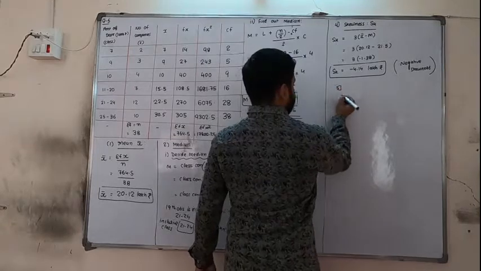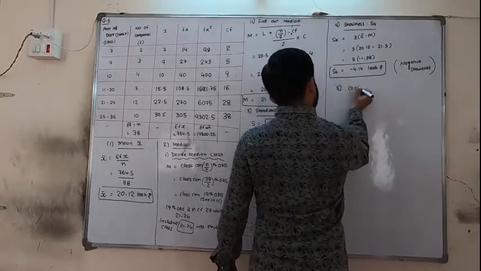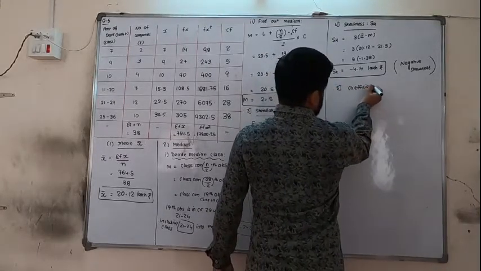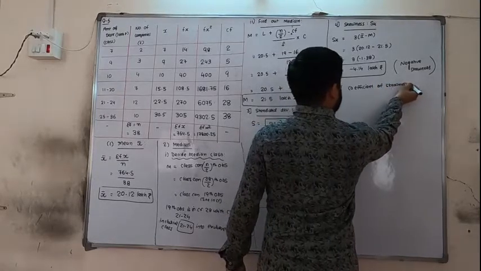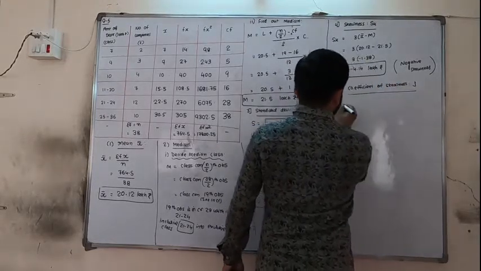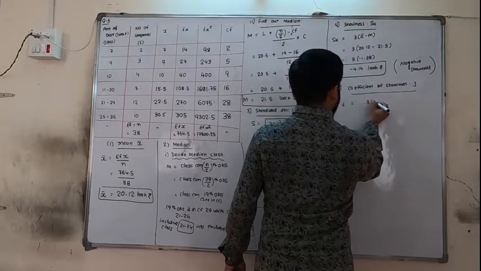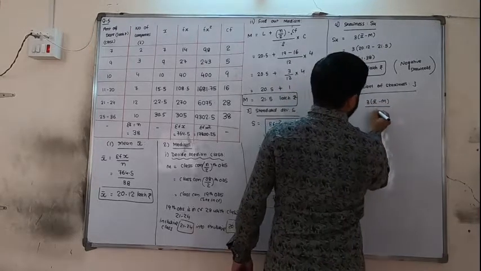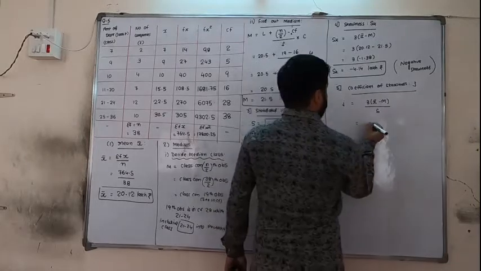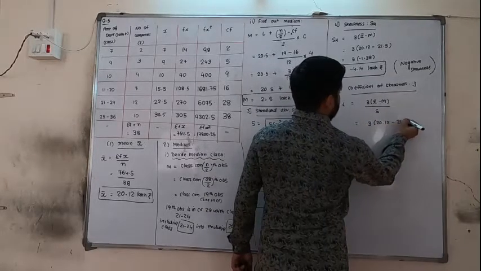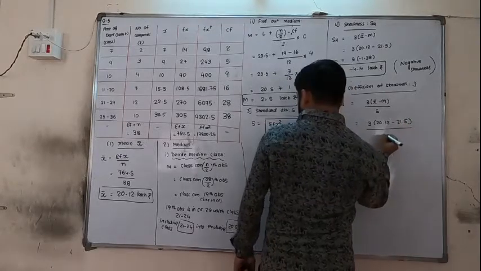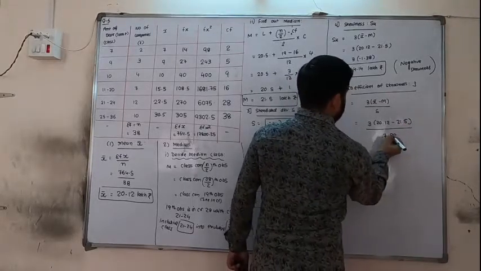Now last, the coefficient of skewness, that is J. J is equal to 3 (x bar minus M) by S, so 3 common (20.12 minus 21.5) upon 7.98.